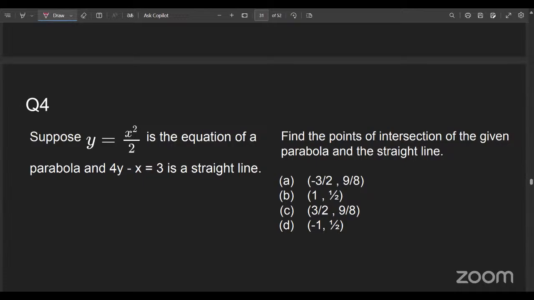Ma'am, I think option 4 is correct. Okay, option 3 and 4 both are correct, I think. Yes, ma'am, 3 and 4. Yeah, you guys are right. Option C and D are correct.